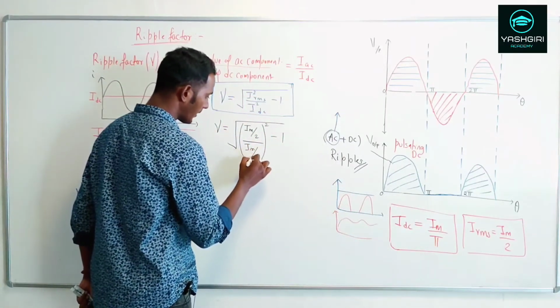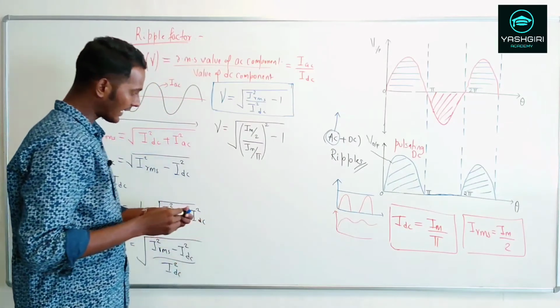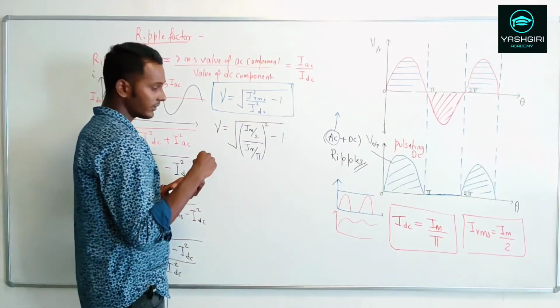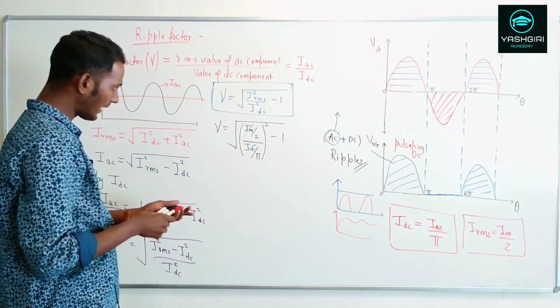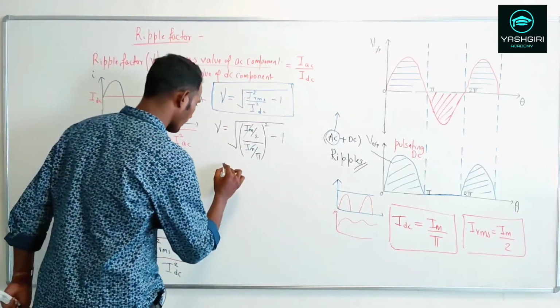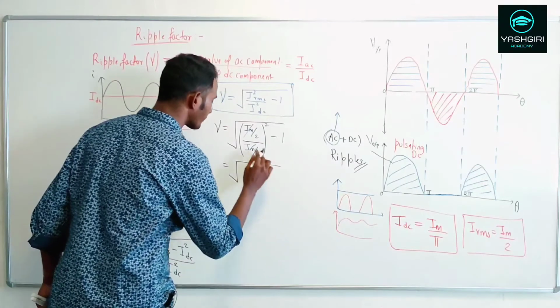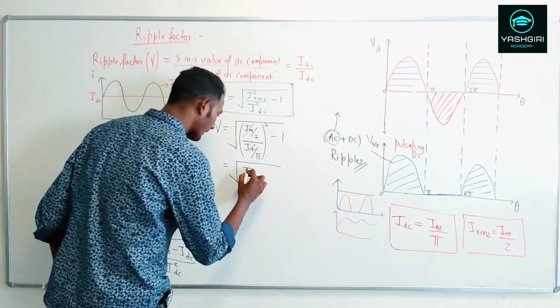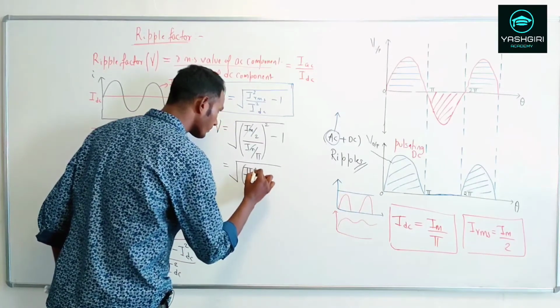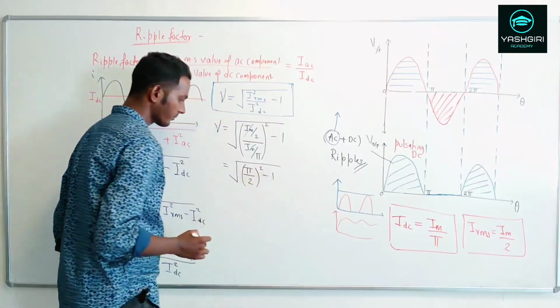So Im and Im get cancelled, and what you are left with is the square root of pi by 2 the whole square minus 1.